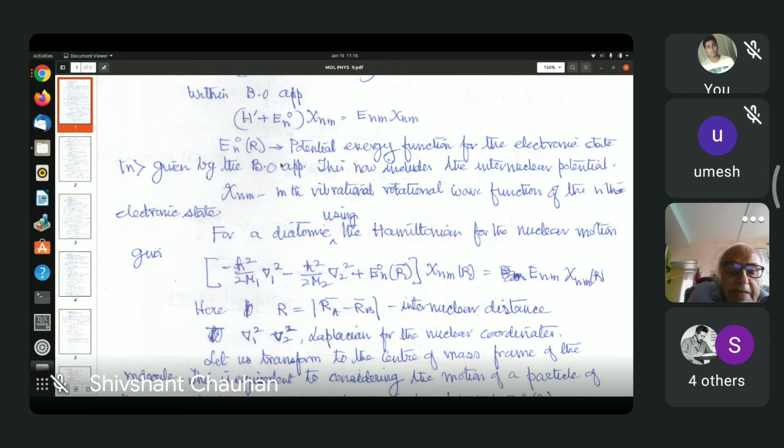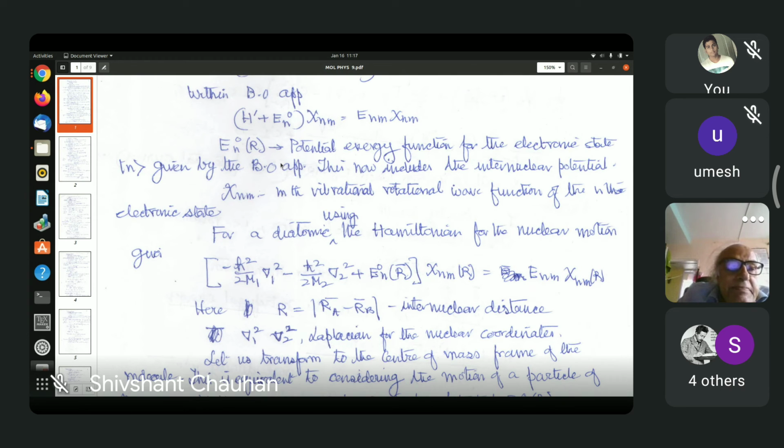Because if the molecule is rotated, the internuclear potential remains the same, and the electronic potential also remains the same, because it does not change with the rotation of the molecule as a whole. So the Born-Oppenheimer potential energy term is a function of the scalar internuclear distance only, and so the wave function will also be a function of the scalar internuclear distance.